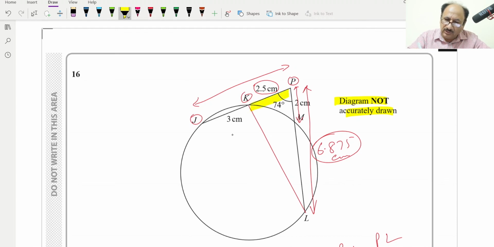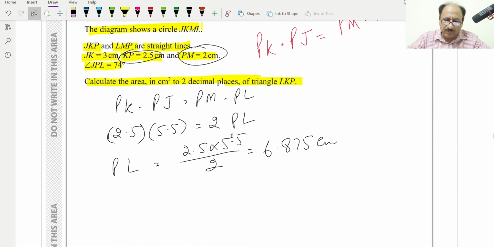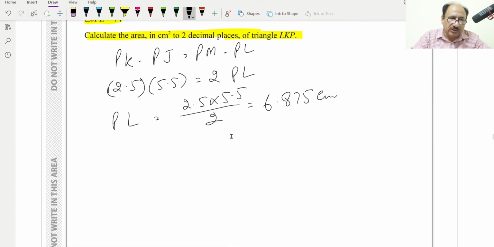We require the area of this triangle, so we can apply the area formula 1 by 2 into AB sine C. So area of triangle is equal to half into AB sine C.